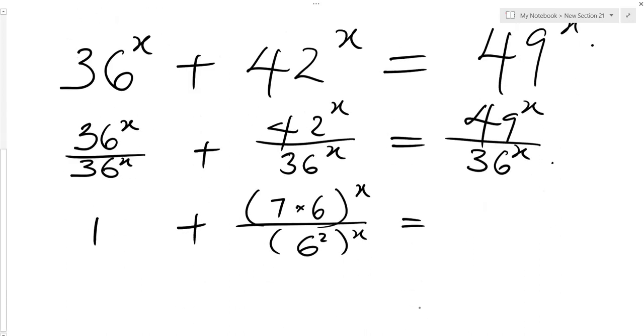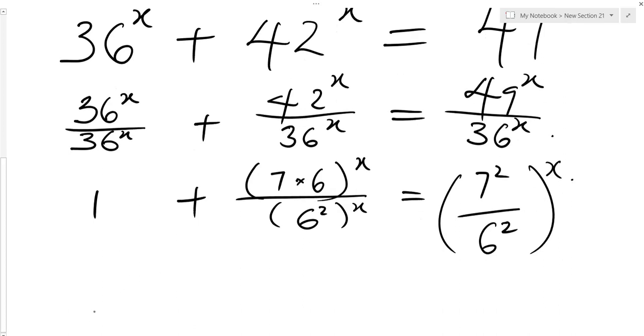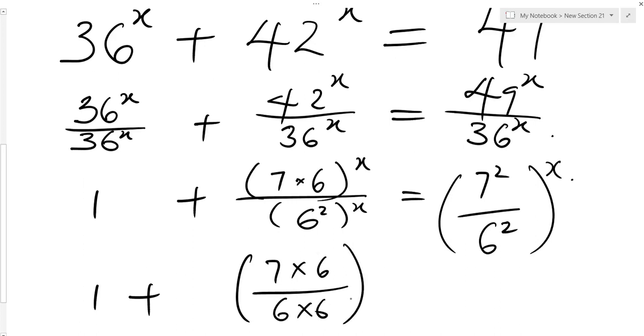Now you have this to be 7 to the power of 2 all over 6 to the power of 2, all raised to the power of x. Now we have 1 plus this, which is the same thing as 7 times 6 divided by 6 times 6, all to the power of x.